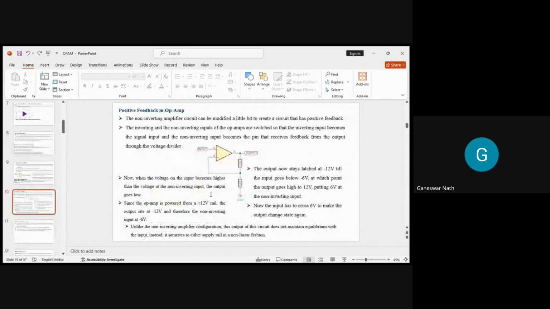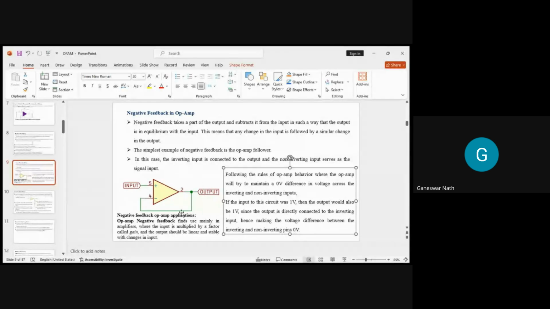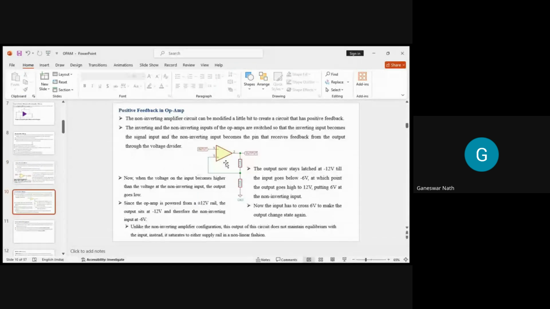Similarly, you can go for positive feedback also. The non-inverting terminal, you can see this is also the non-inverting terminal that you can give the feedback to from the output here. Similarly, positive feedback can also be applied to the inverting terminal. So the non-inverting amplifier circuit can be modified a little bit to create a circuit that has positive feedback.